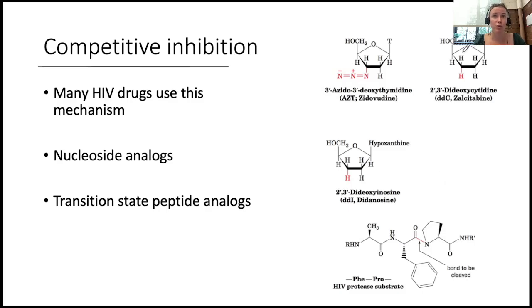Additionally, we have some cool transition state peptide analogs that will not be inhibiting production of the nucleic acid, but would rather be inhibiting the protease of the HIV. So I thought those were interesting to briefly mention to everyone, as competitive inhibitors are super, super common.